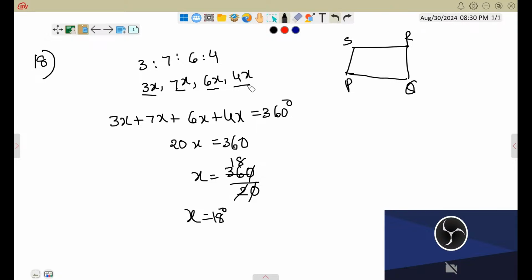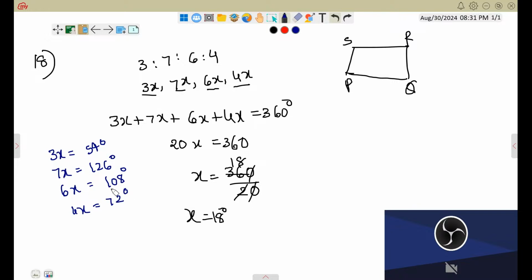So the first one is 3x, 3 into 18, sorry, 54 degrees. Next one, 7x. 7 into 18, 126 degrees. Next one, 6x. 6 into 18, 108 degrees. 4x. 4 into 18 is 72 degrees.